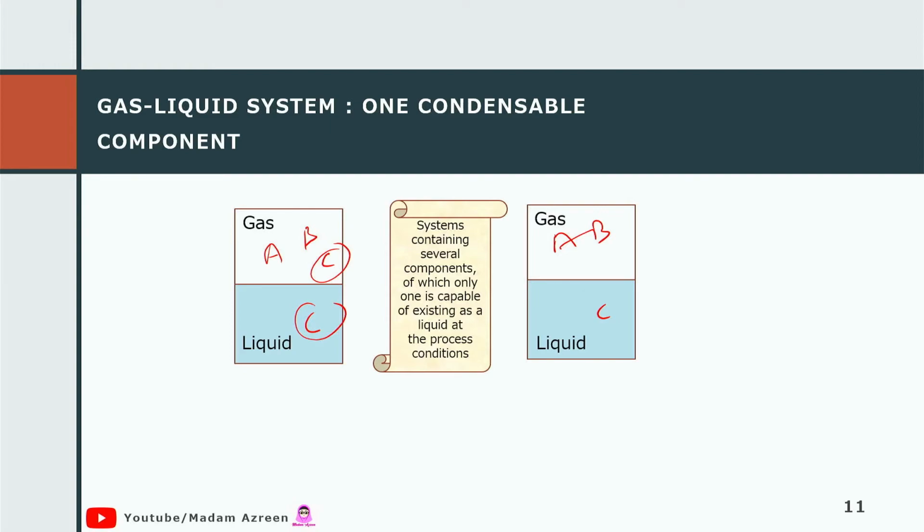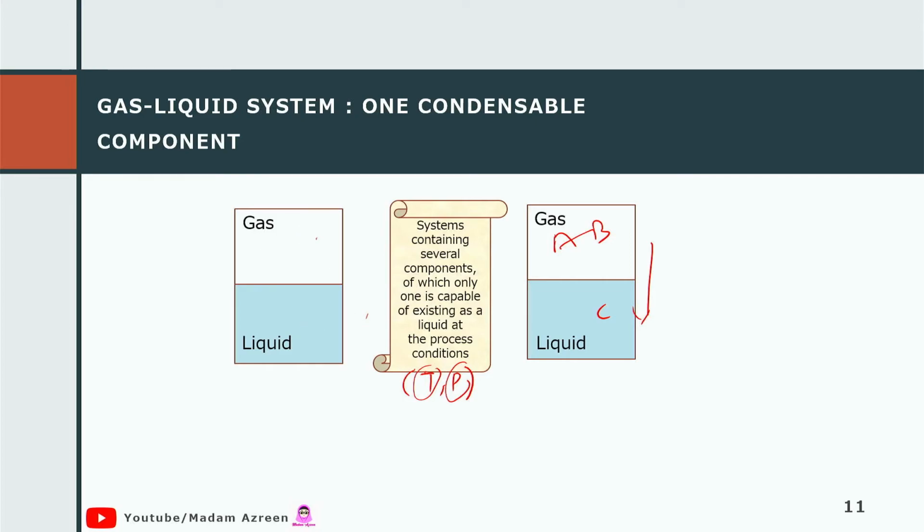It can condense at a particular process condition, meaning to say at one temperature and pressure, only one component can condense. That is C. For example, if you have 1, 2, 3 species, but at this temperature and pressure, only C can condense. Not everyone condenses, just one component.